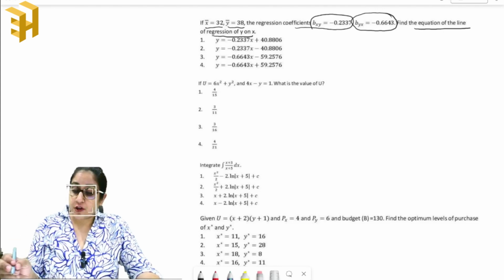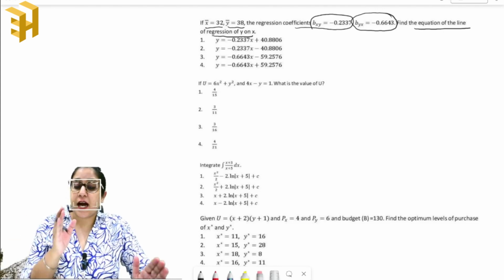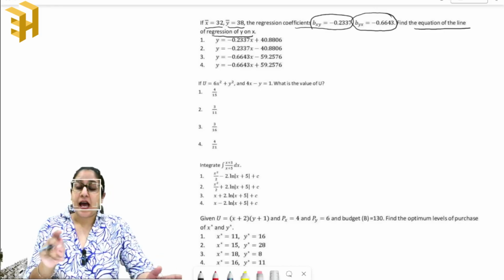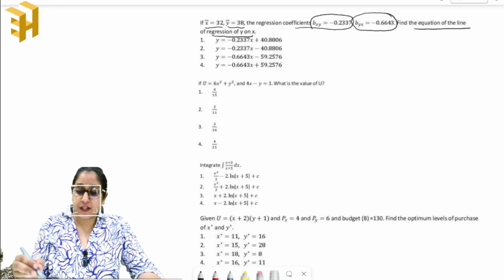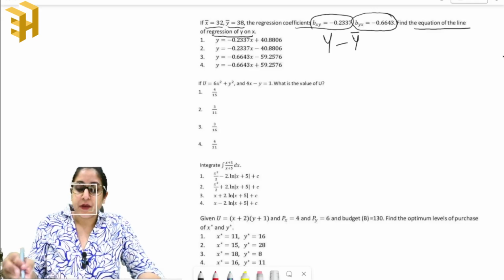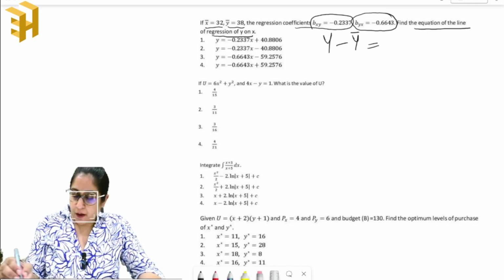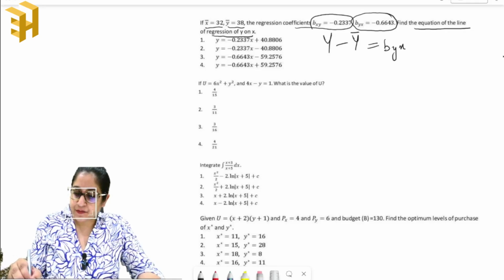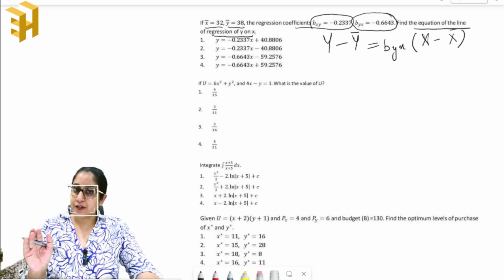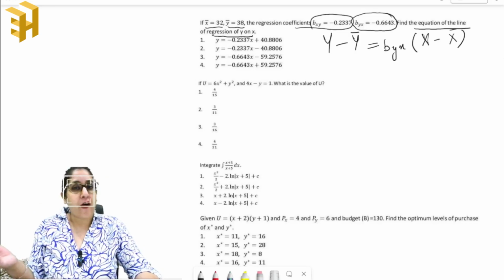Now, don't be scared of such questions. Because we have to find the regression equation of y on x, and we know the format of it, that is y minus y mean is equal to byx multiplied by x minus x mean. All we have to do is substitute the values.